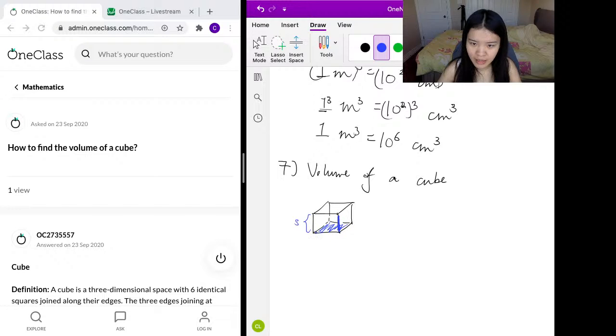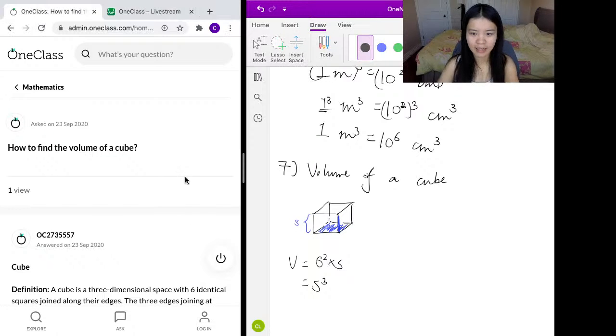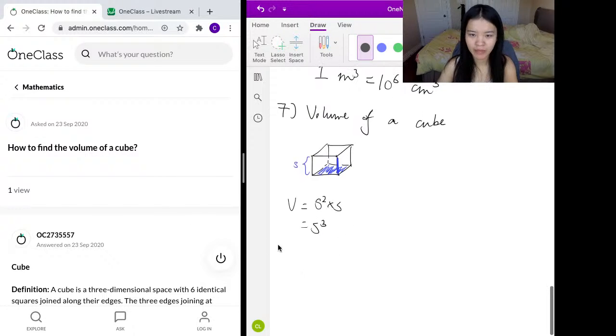Since this is a cube, all its sides are equal to S. So the base, which is the area of a square, is S squared, and then times the height, which is also S, so it's S squared times S. So the volume is equal to S cubed, and that's the volume of a cube. It's just the side cubed. And that's our solution for finding the volume of a cube.